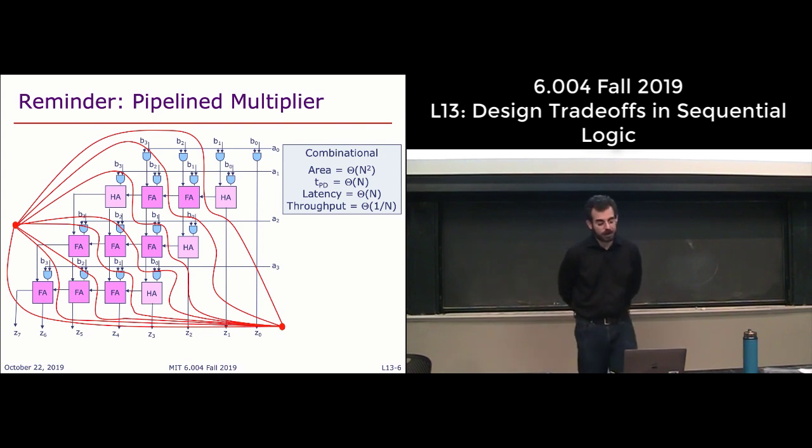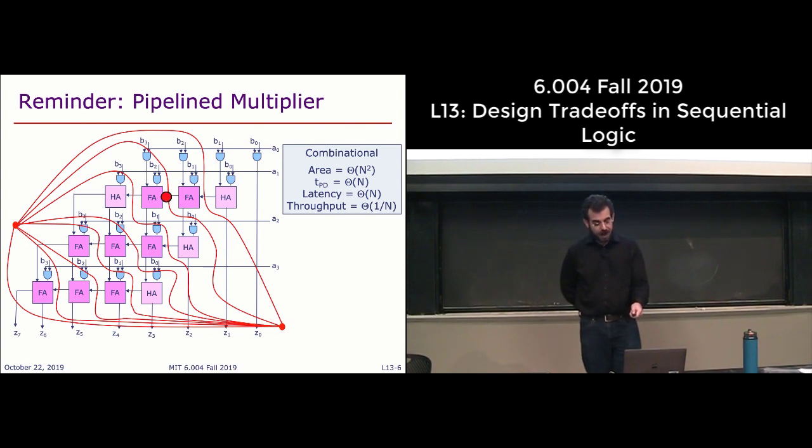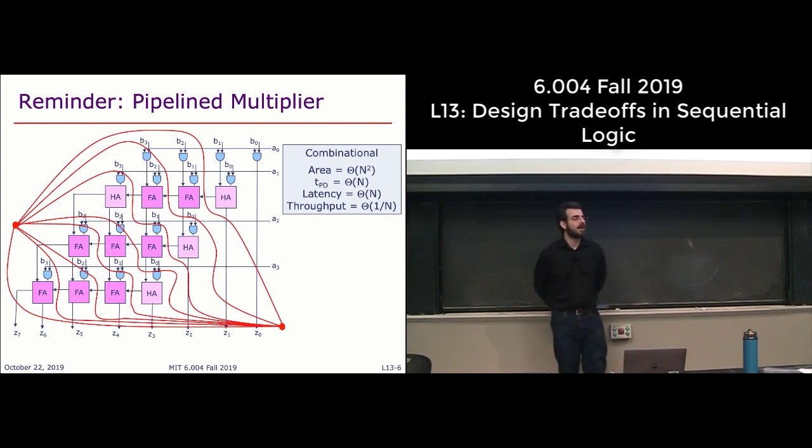If you draw the pipeline contours like so, you see that between every pipeline stage, you have only a single adder block, because we're cutting all the carries. We're putting a pipeline register between all the carry chains by pipelining diagonally.